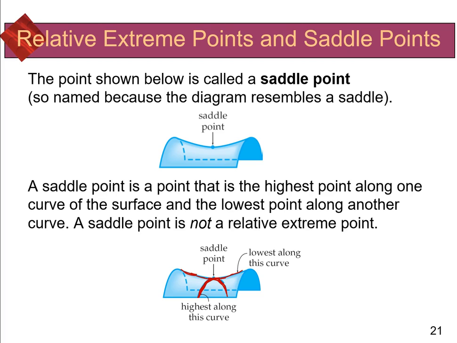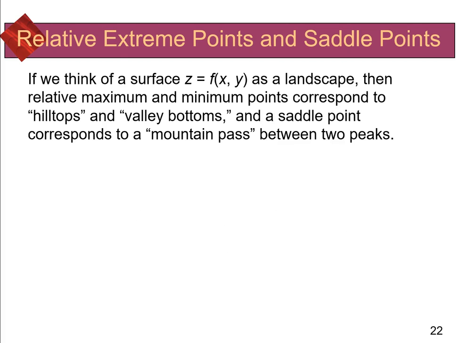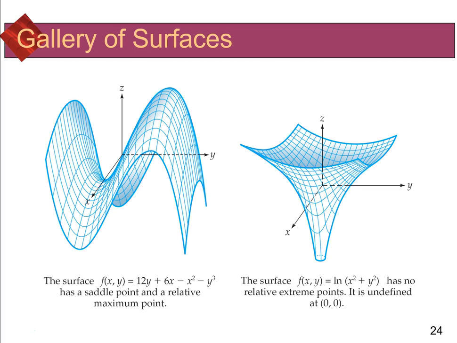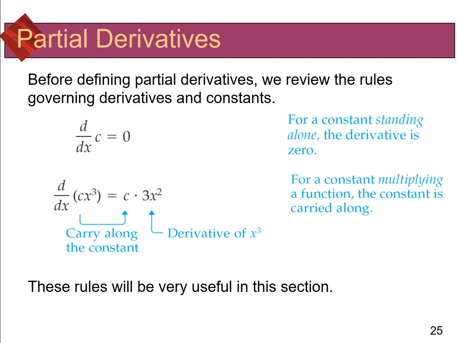We'll talk about them, and in some cases being able to tell if we have one or not versus a critical point or a relative max or a min. They do show some of these graphs in the book. I'm not going to spend a lot of time with it.